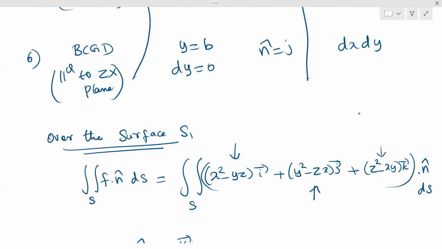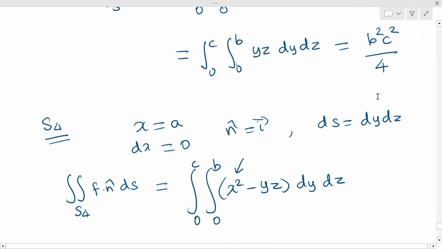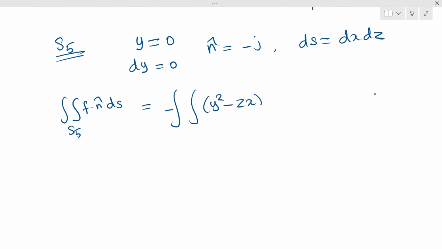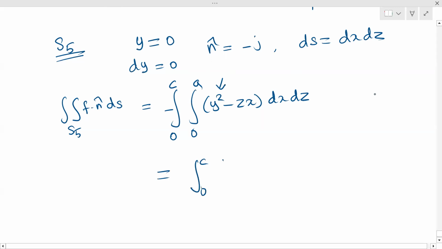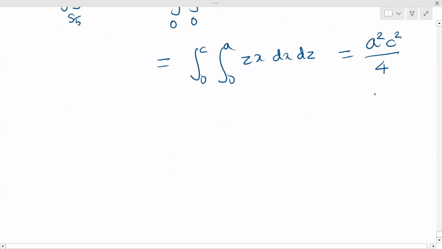This is the j component, y square minus zx, with negative sign. Why do we have the negative sign? n cap is minus j. So minus y square minus zx dx dz. The x limit is 0 to a, z limit is 0 to c. We have to substitute the value of y equal to 0. So 0 to c, 0 to a, zx dx dz. When we apply the limit, we will get a square c square upon 4.